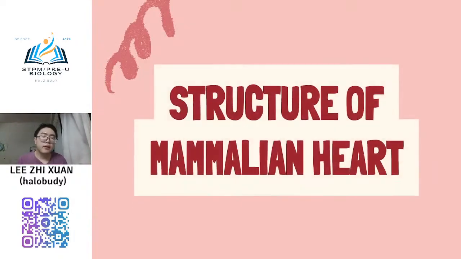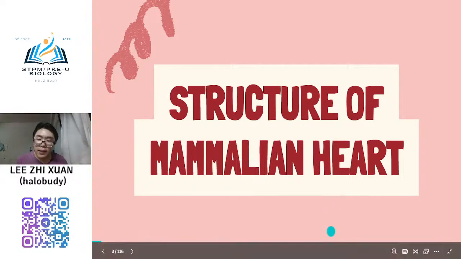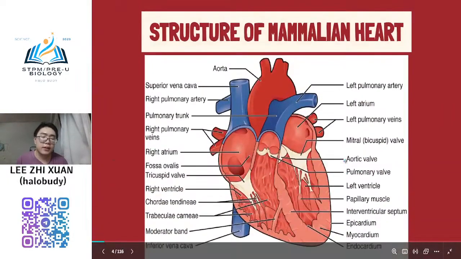Now we will proceed to the mammalian heart structure. This is the first learning outcome, and it is a basic one. I think you already learned this in SPM, so this is just revision.